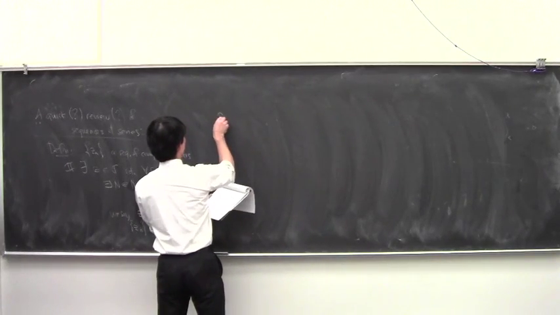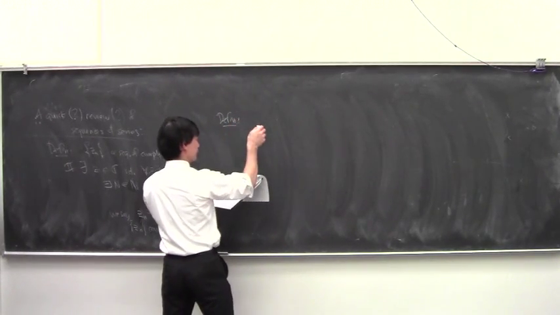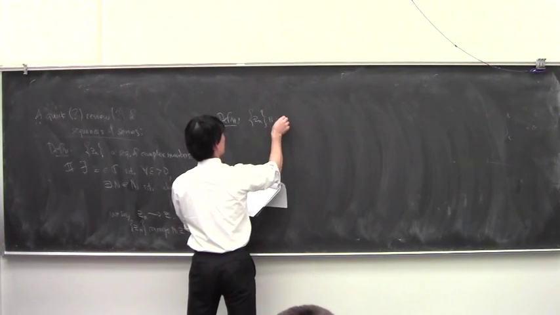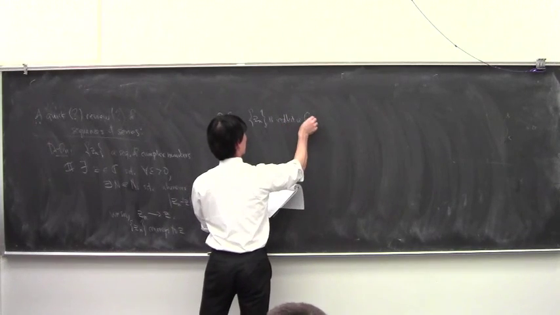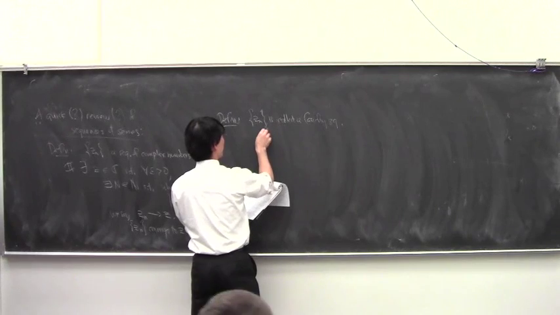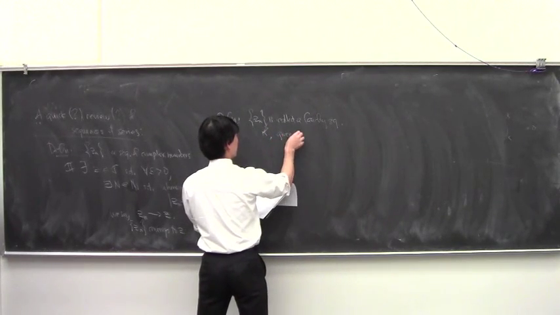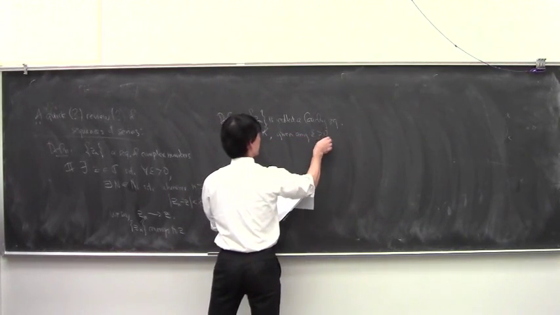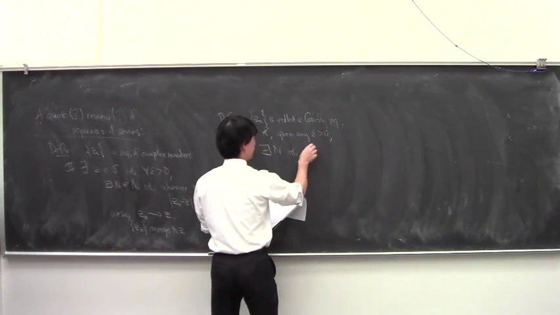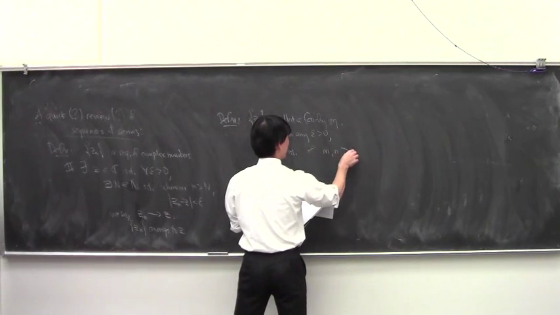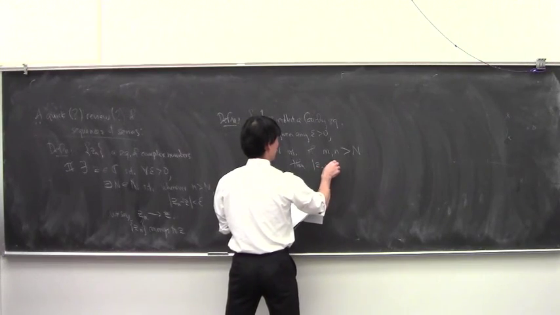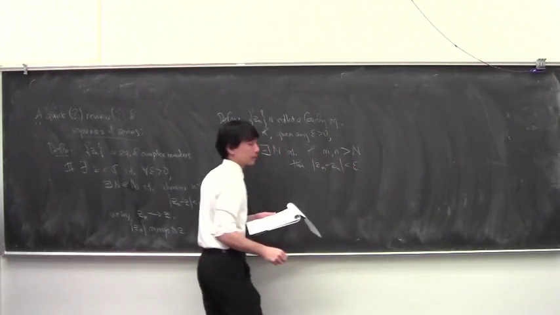We also mentioned before the notion of a Cauchy sequence. Zn is called a Cauchy sequence if given any epsilon greater than 0, there exists an N such that if m and n are greater than N, then |Zm minus Zn| is less than epsilon.